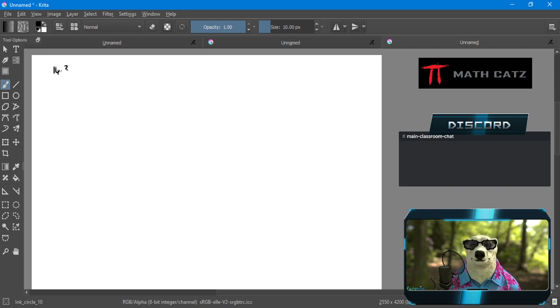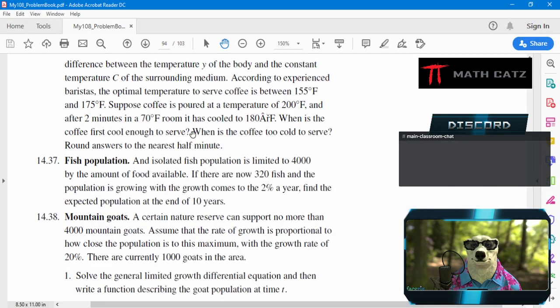So we're going to, of course, have our function variable represent the temperature at time t. Now, how am I measuring t? Let's just have a look here. Optimal temperature between these two. Okay, sure, that's going to come up later. Coffee is poured, after 2 minutes. So let's count in minutes.